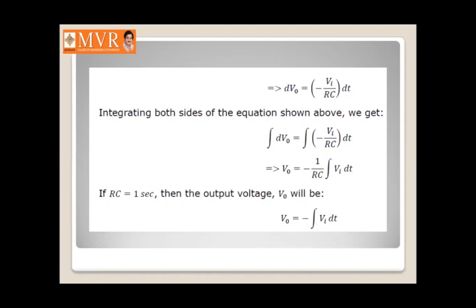So coming to the transfer function, if you observe the transfer function here, that is, the transfer function is nothing but V naught by Vi, which is equal to mod of minus 1 by j omega RC.